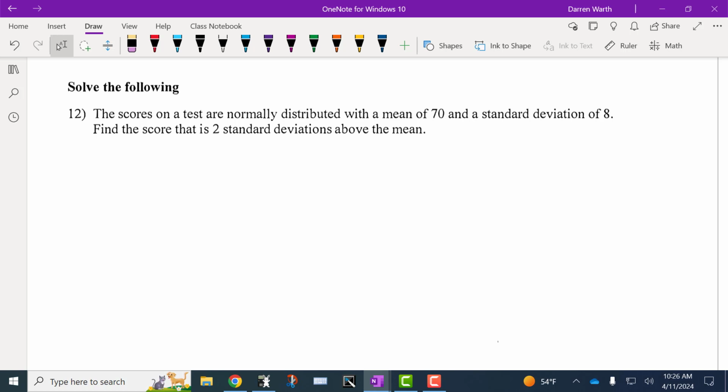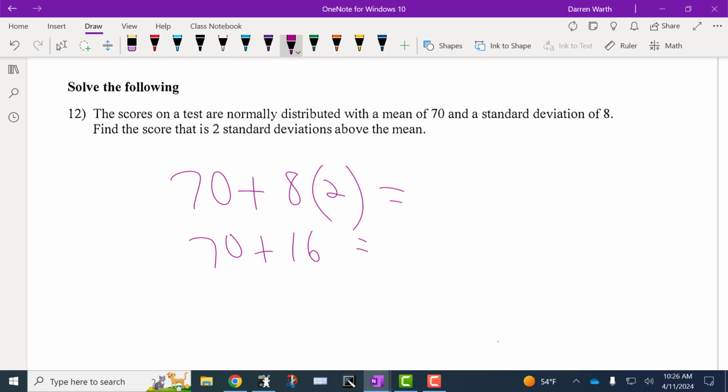My mean is 70, with a standard deviation of 8, and it wants to know what the score is 2 standard deviations above the 70. So I just take 2 times 8, which is 16. So that's 70 plus 16, and the answer comes out to be a total of 86. That would be my score that is 2 standard deviations above my mean.